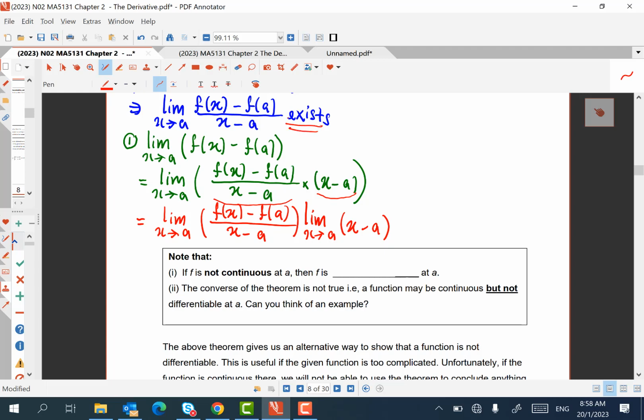If the blue color limit exists, it therefore means this number is some finite value, right? But at the same time, what's the limit of x minus a as x goes towards a? Answer is 0. So therefore, this is 0. So step 1, we have shown that this is actually 0.